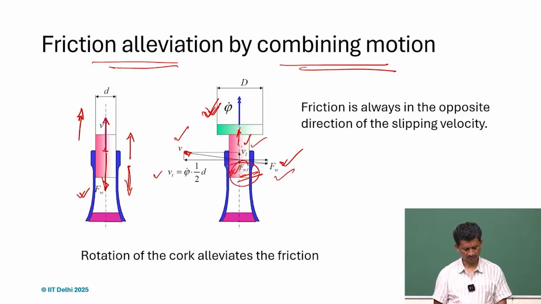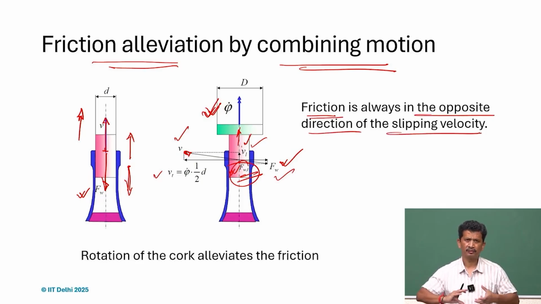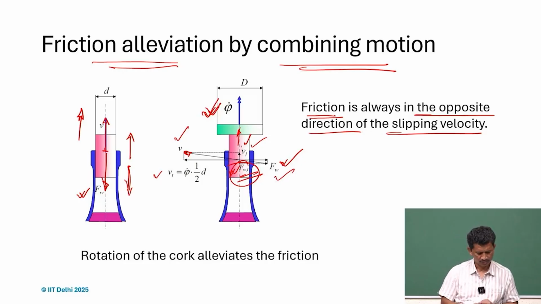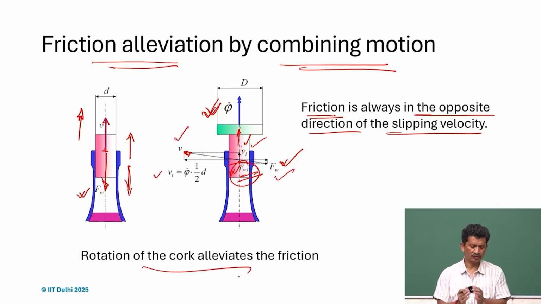So what we have to remember is that friction is always in the opposite direction to the slipping velocity. How is it going to slip? Whether it's just slipping in the axial direction or whether it's getting twisted, so it has a combined motion. So rotation of the cork alleviates the friction. This can be a very good strategy.